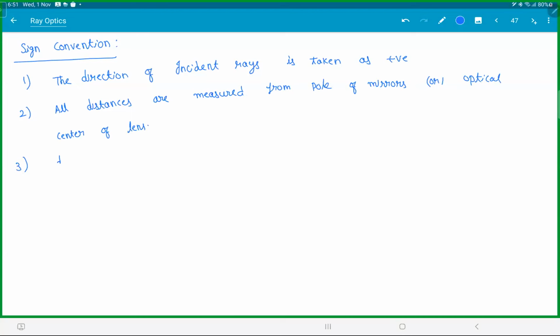Third, distances above the principal axis are positive, and below are negative.